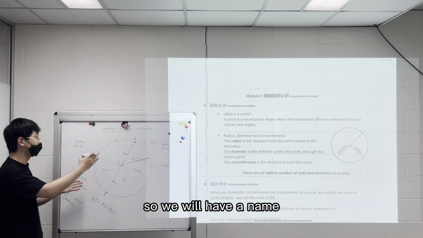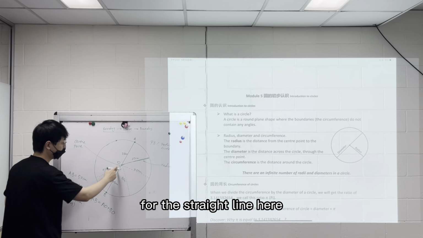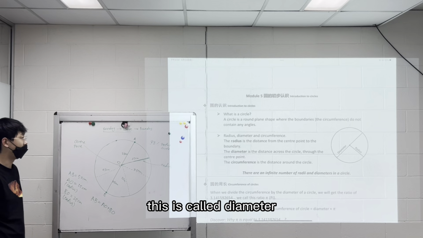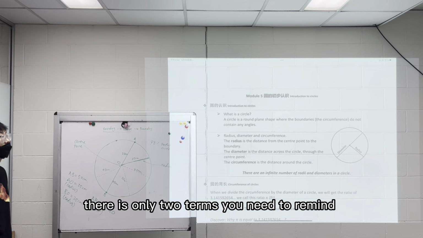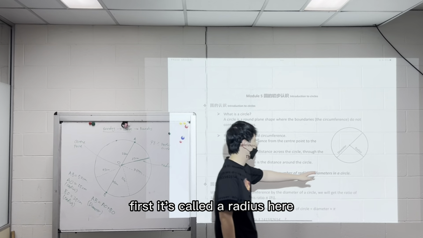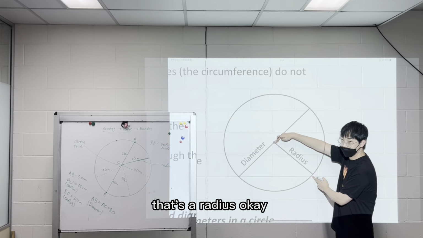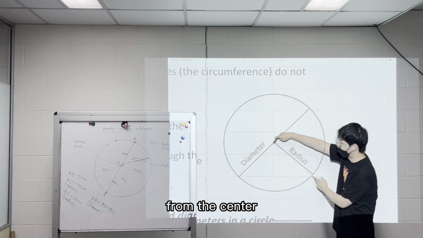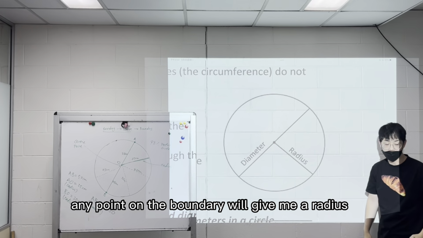So we will have a name for the straight line here. This is called a diameter. There are only two terms you need to remember. First, it's called a radius. That's the graph you need to know. From the center, any point on the boundary will give me a radius.